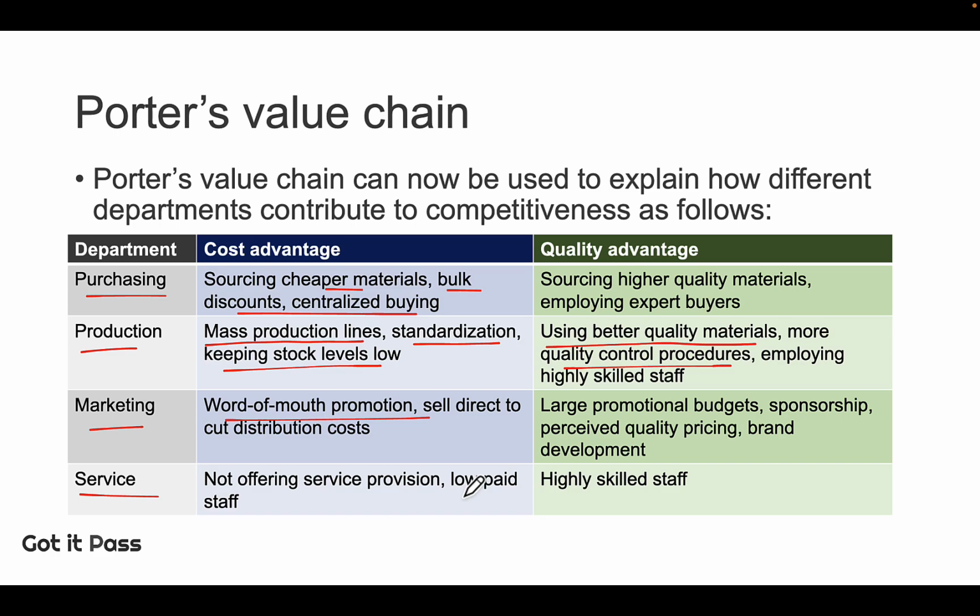So the marketing team can help to achieve cost savings for a firm in order to improve its competitiveness. For the quality advantage, marketing departments can have large promotional budgets in order to have a better marketing campaign, sponsorship, perceived quality pricing, and brand development.